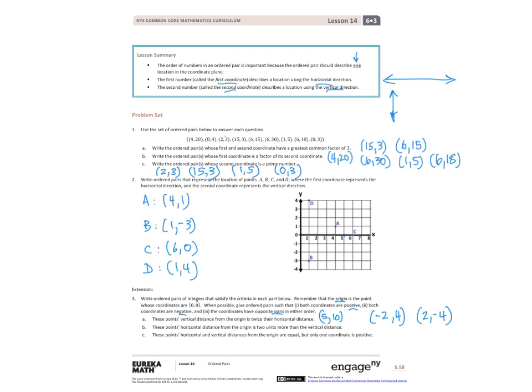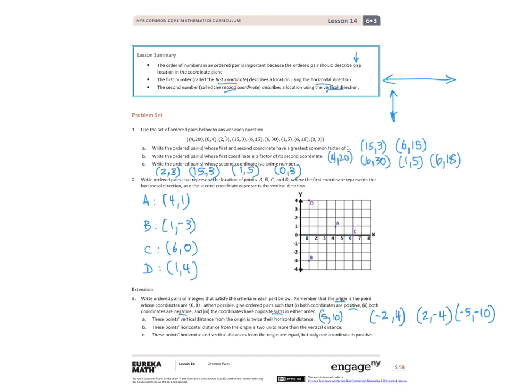That works too. Let's see, is there anything else that I need? I've got positive-positive, negative-positive, positive-negative. How about a negative-negative? How about negative 5? So I go over to the left, negative 5, and I go down, negative 10. Okay, that works. You could have different numbers too. The second number just has to be double the first coordinate.